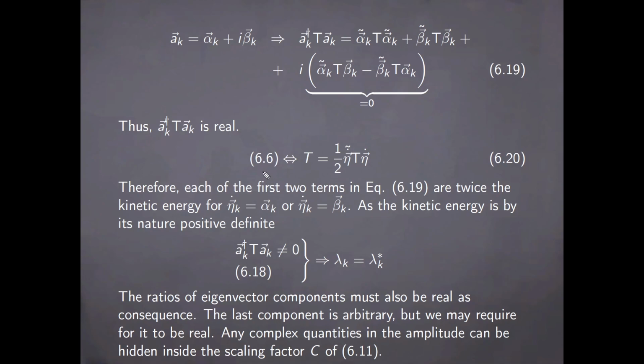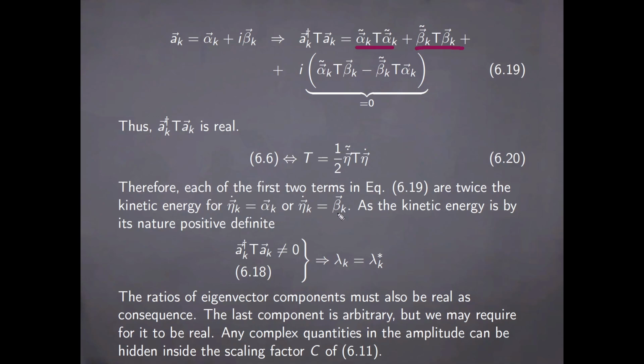Furthermore, if we go back to result 6.6, what it implies is that the kinetic energy of the system is this particular contraction, and as such, each of the first two terms in equation 6.19, so this one and this one, are both twice the kinetic energy if we make the identities here.